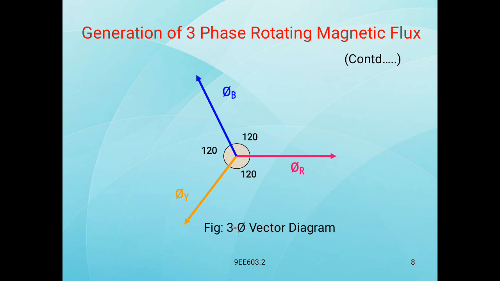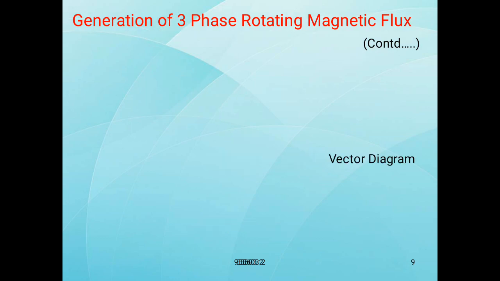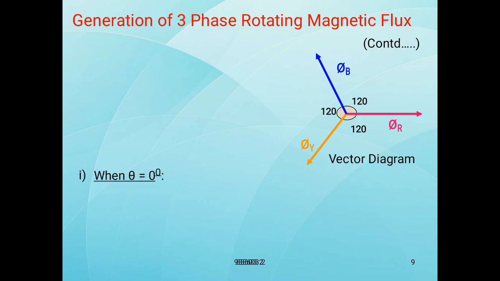This is the three phase vector diagram: 120 degrees, 120 degrees, 120 degrees. This is the three phase diagram of the generation of rotating magnetic flux. In this vector diagram, the R phase, Y phase and B phase are displaced by 120 degrees.